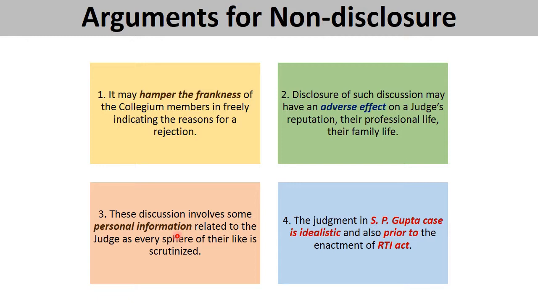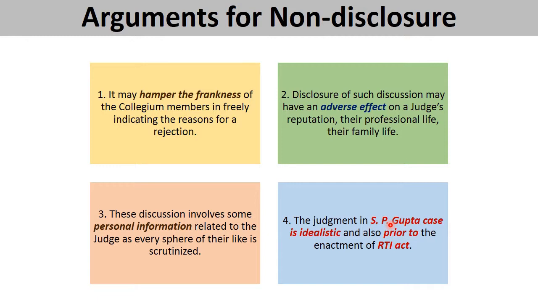For example, it was cited that if the wife of a said judge is schizophrenic, the public shouldn't know this, the public has no need to know this, but the judges will still discuss this while they are talking about the appointment of the said judge to High Court or Supreme Court.